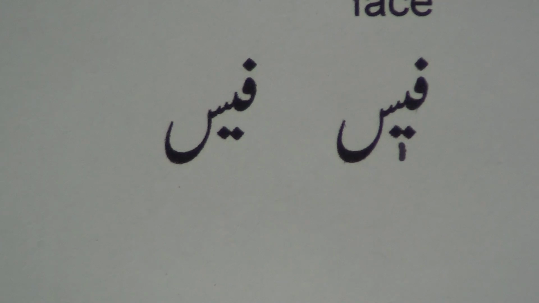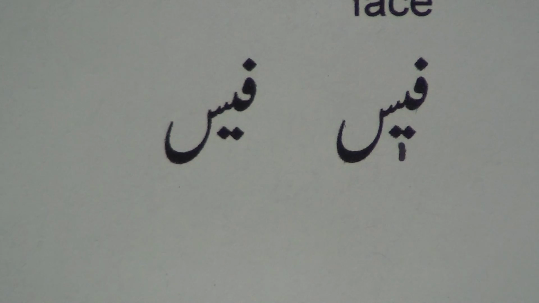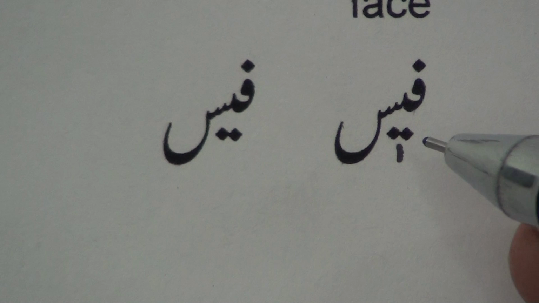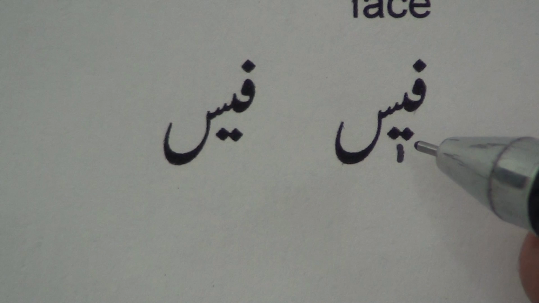But how do we know that it is choti ye or badi ye? For example, two dots and two dots. How can we differentiate that it is choti ye or badi ye? To differentiate, we put a small line.